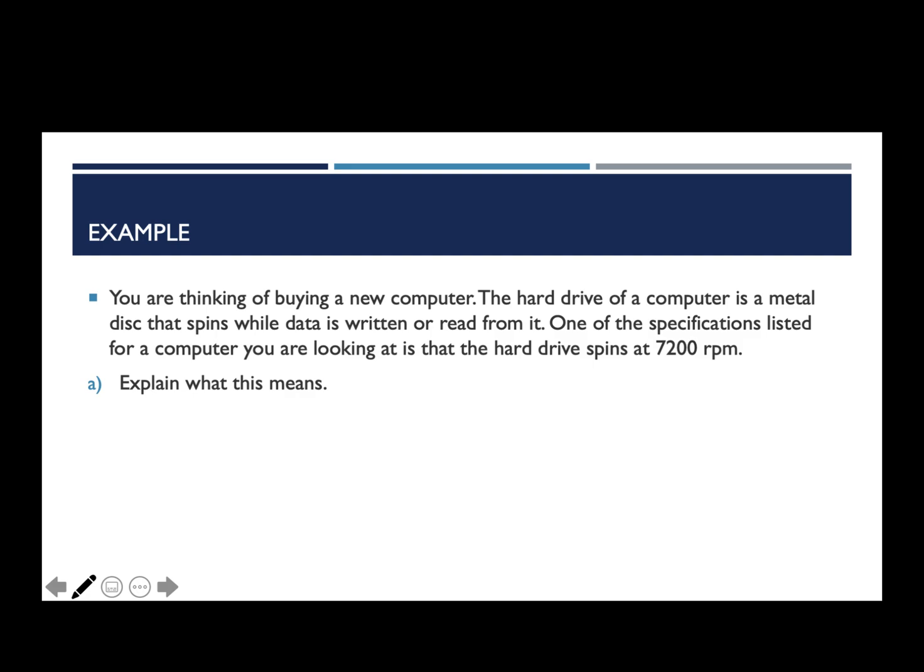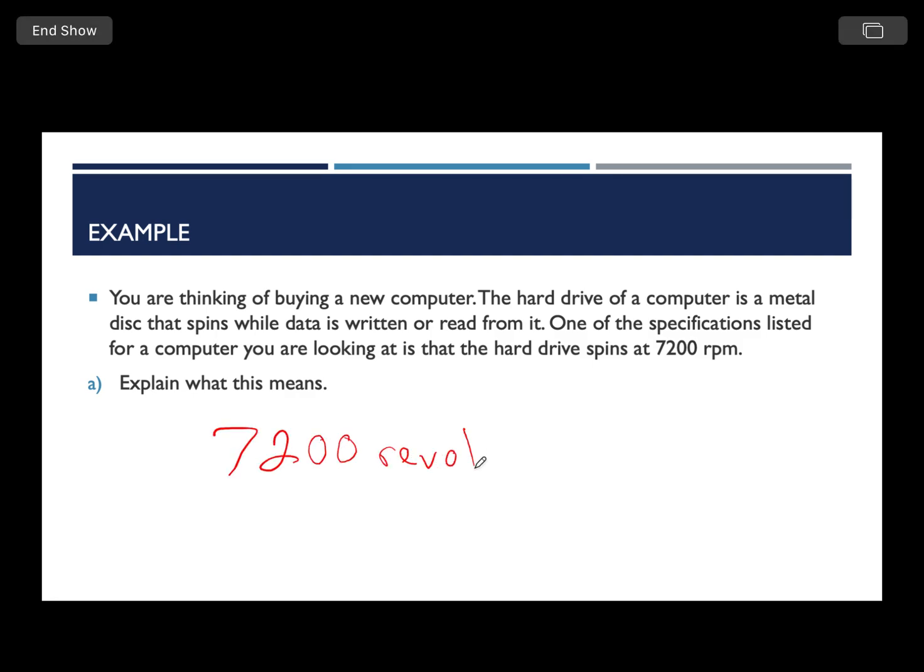Okay, so we are looking at buying a new computer, and the hard drive of the computer is a metal disc that spins around at 7,200 RPM. And so what this basically means is we've got 7,200 revolutions or cycles every minute, which means it could be 432,000 revolutions in an hour or 120 revolutions in a second.